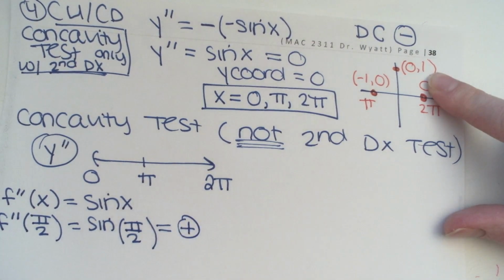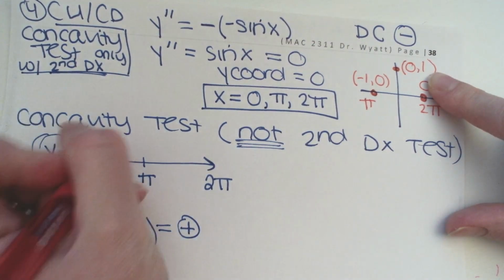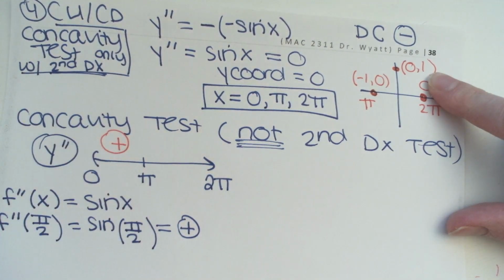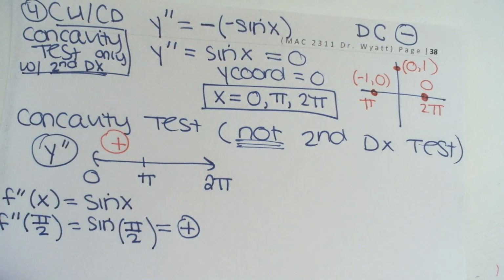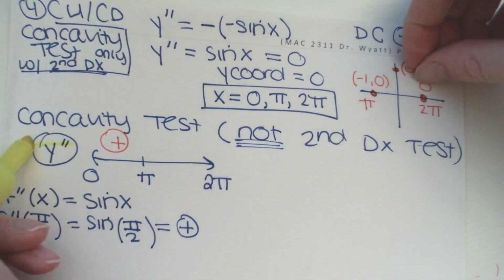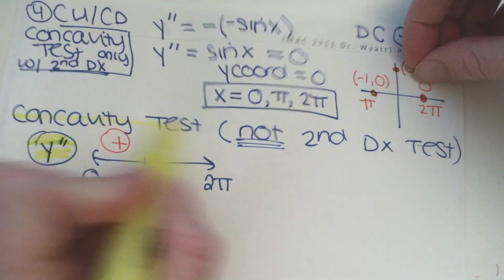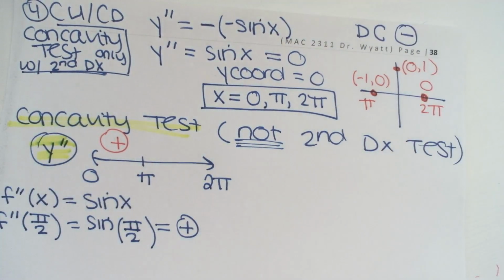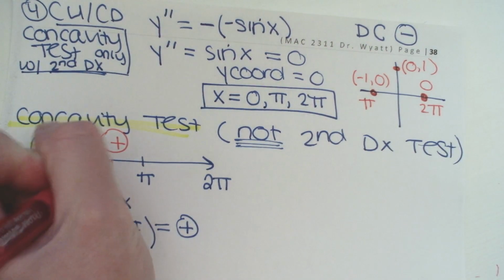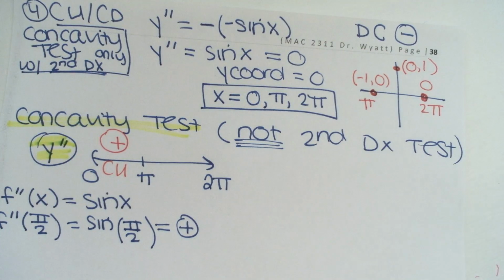So that would give me a positive. Now, I want you to ask yourself, what does that positive mean? Because I'm plugging into the second derivative and I'm using the concavity test, that second derivative is giving us different information, right? That second derivative is going to tell us that we're concave up on that first interval.